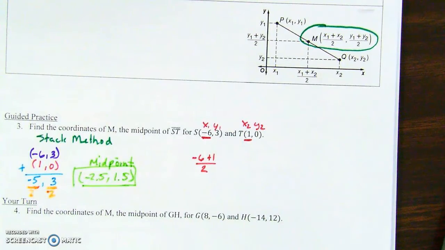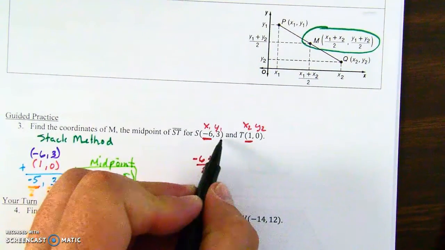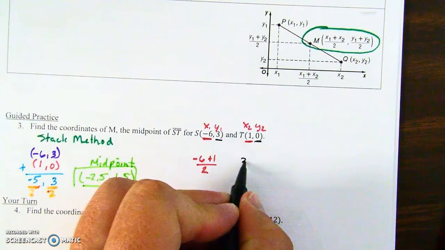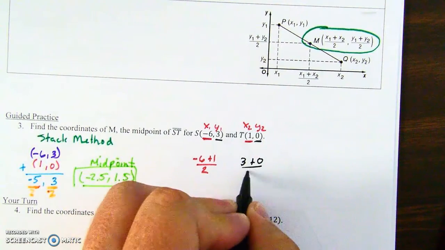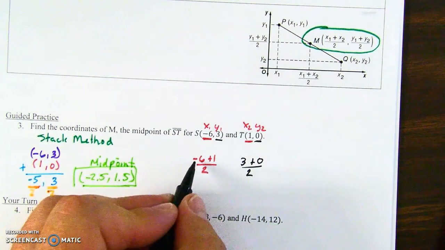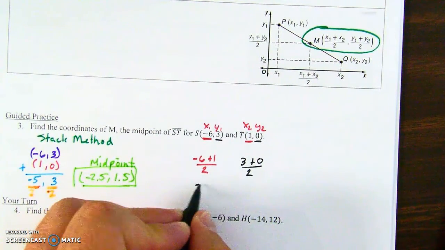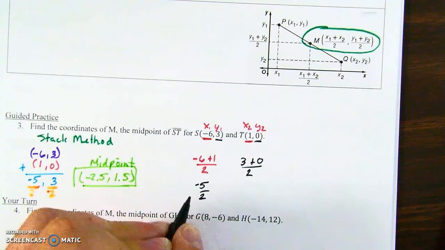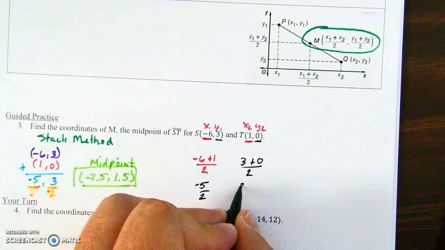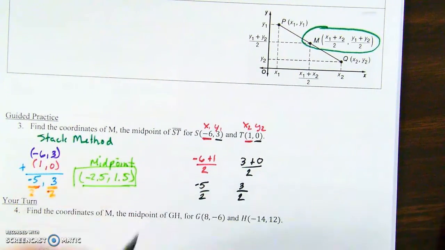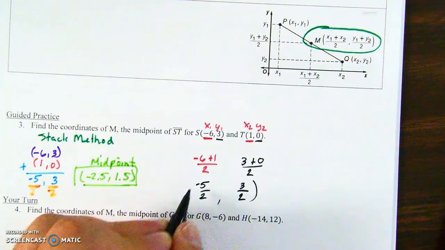We do the same thing to the y's, which is 3 and 0: 3 plus 0 divided by 2. So negative 6 plus 1 gives us negative 5 over 2, and 3 plus 0 gives us 3 over 2. That's our answer so far.